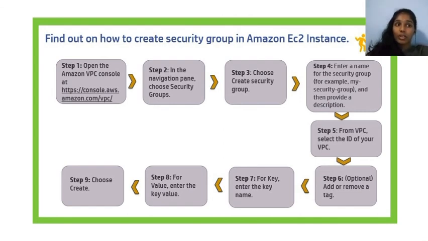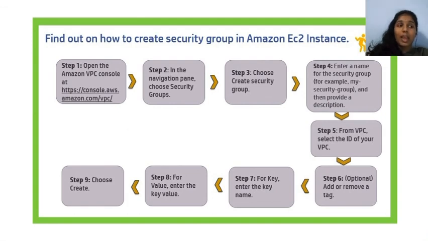Third, choose Create security group. Fourth, enter a name for the security group, for example my security group, and then provide a description. In the file sometimes they will give the description. Step 5: from VPC, select the ID of your VPC. For example, if I created lab VPC, then we have to choose it.